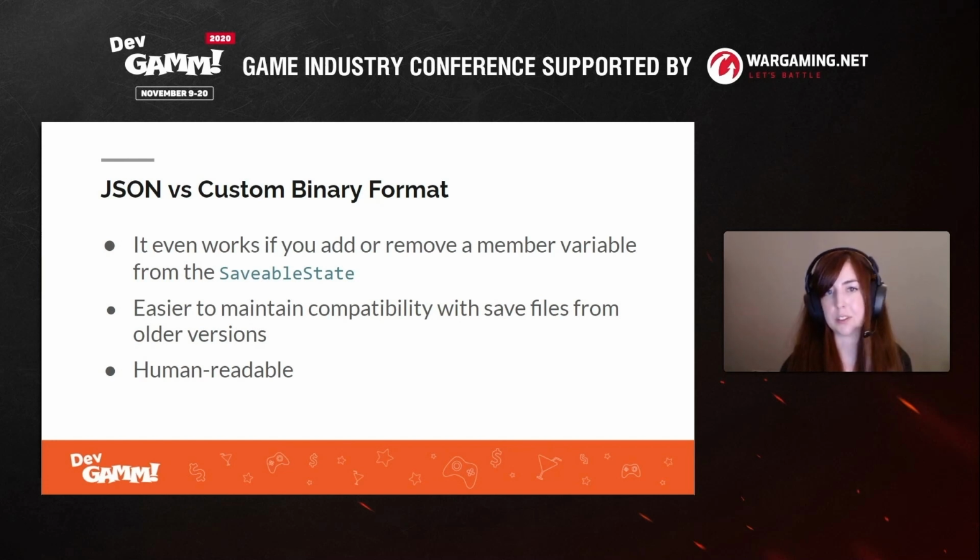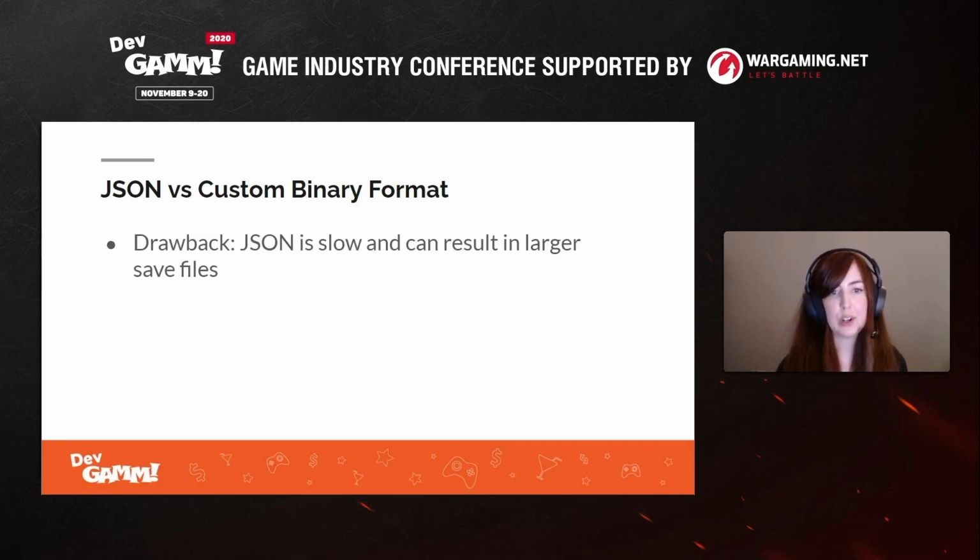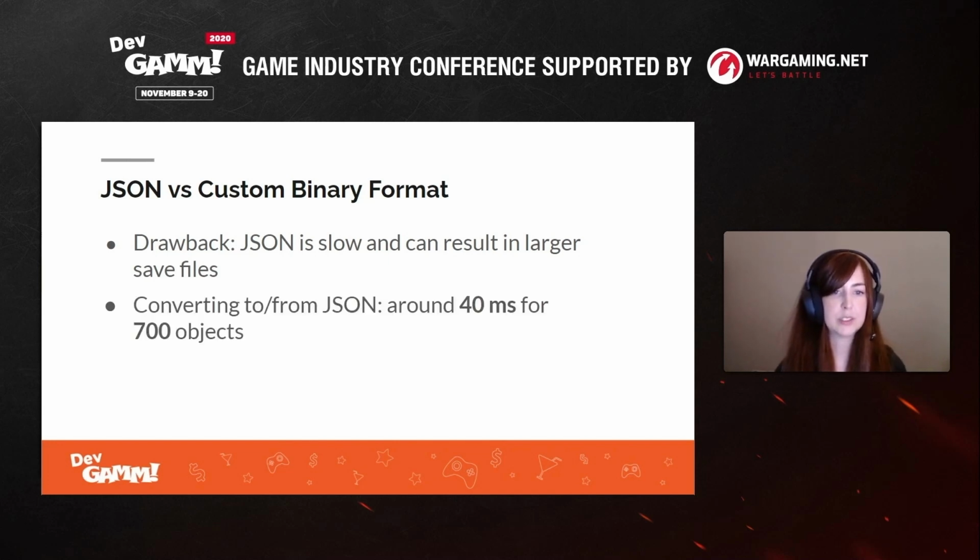JSON is also nice because it's human readable, so you can easily open up a save file and look at the values directly. The main drawback of JSON is that it is kind of slow, since it converts everything to strings. It might also result in larger save files, depending on what you compare it to. I measured that it takes around 40 milliseconds to convert the save data to JSON when I had 700 objects in the game.